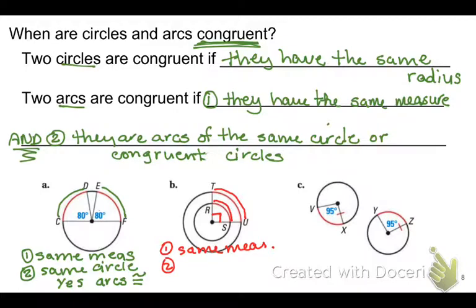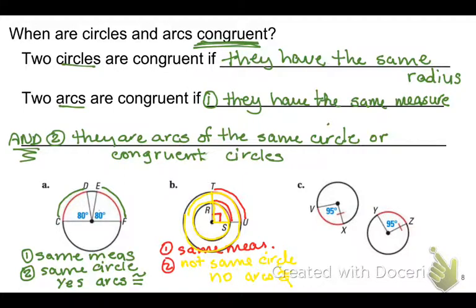Is this circle the same as this circle? Are their radii the same? Is this radius equal to this radius? I'd say no. So they are not the same circle. So the answer is no, the arcs are not congruent.